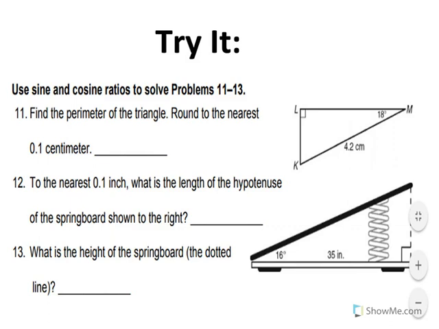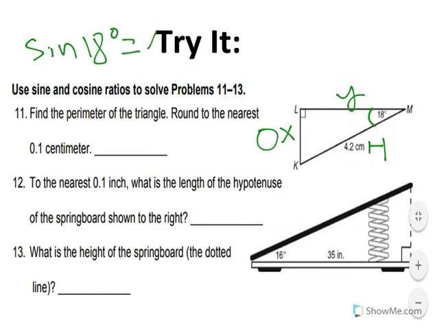For number 11, find the perimeter of the triangle, rounded to the nearest 0.1 centimeters. So that means that we need to solve for, let's call this x and call this y. Right? So we're observing from this angle. To solve for x, we have opposite and hypotenuse. We can say sine of 18 degrees is equal to x over 4.2.